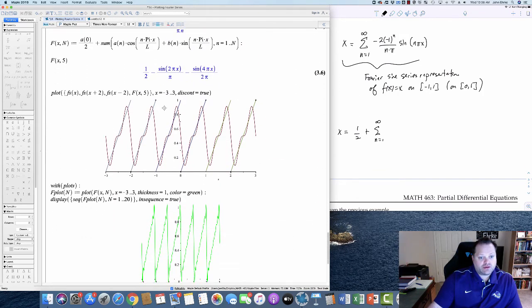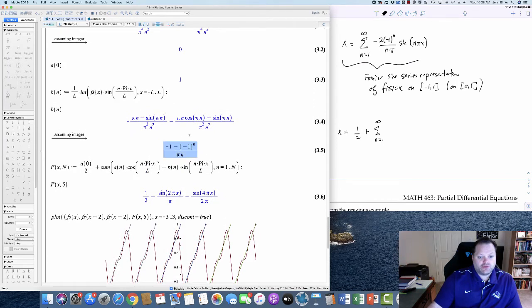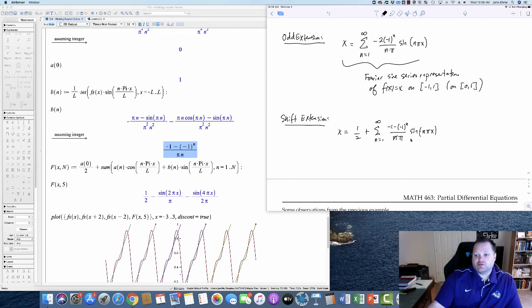So the Bn terms right here are the coefficients: minus 1 to the n over n pi sine n pi x. And what we noted is really it's only the even values of n that contribute here.